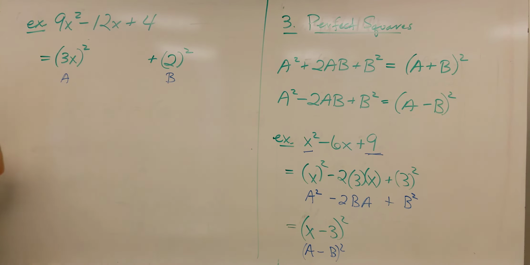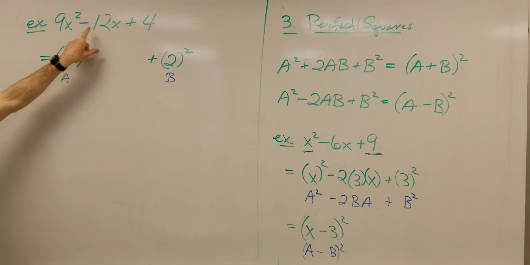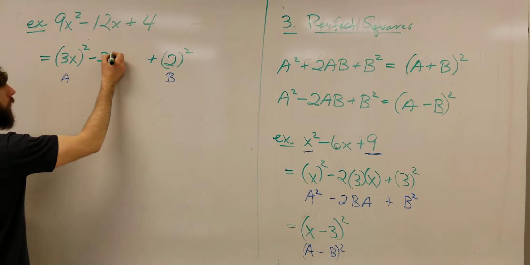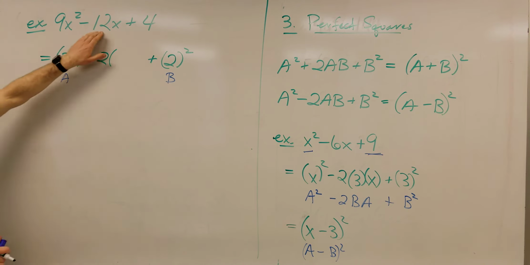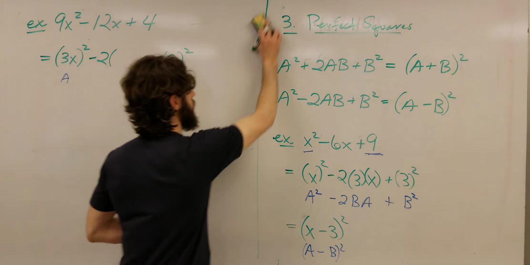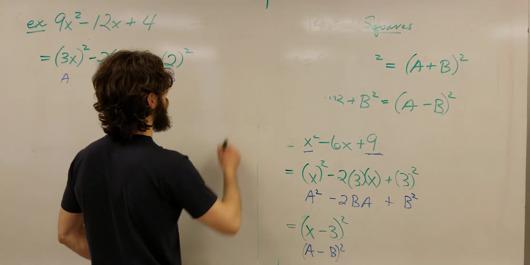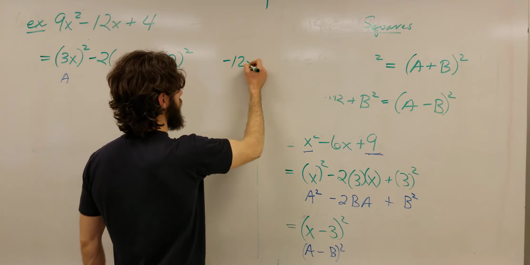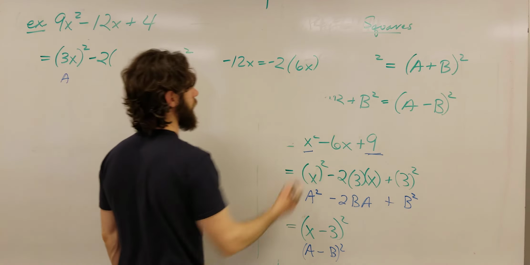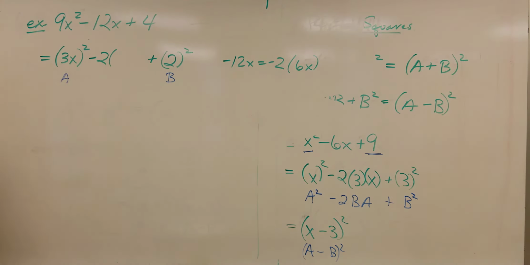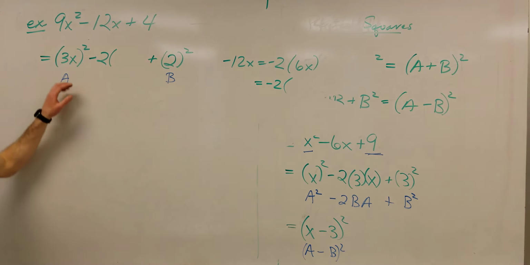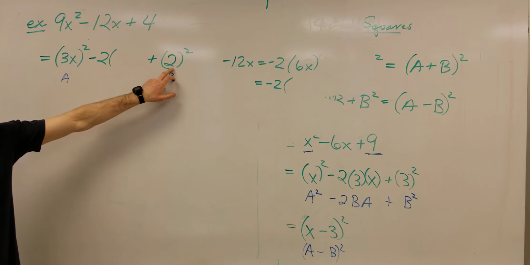So now let's think, can we write the middle term, if I take a 2 out, so that's going to be a minus 2. Okay, and then if I took a 2 out of 12x, so minus 12x equals minus 2 times 6x. Okay, and yeah, 6x we can see is the same as 3x times 2, right?